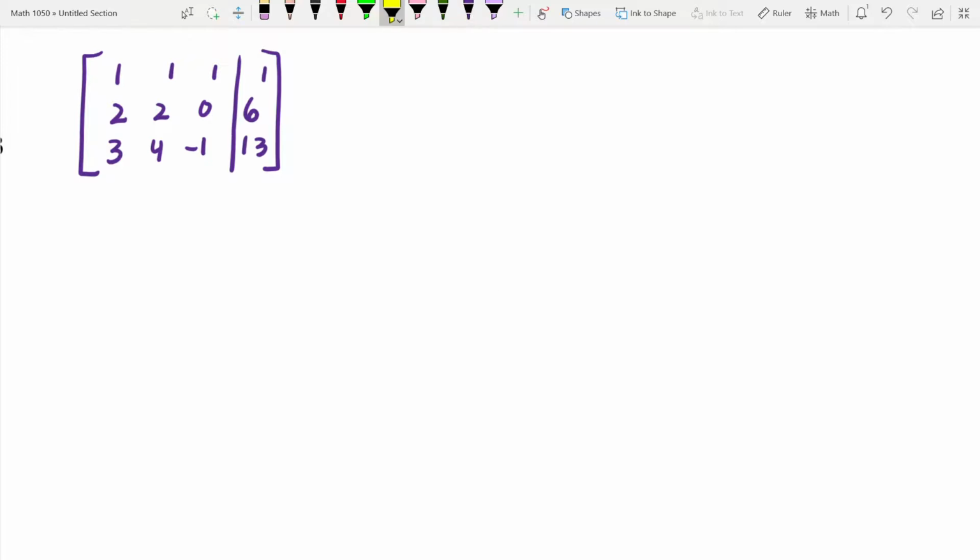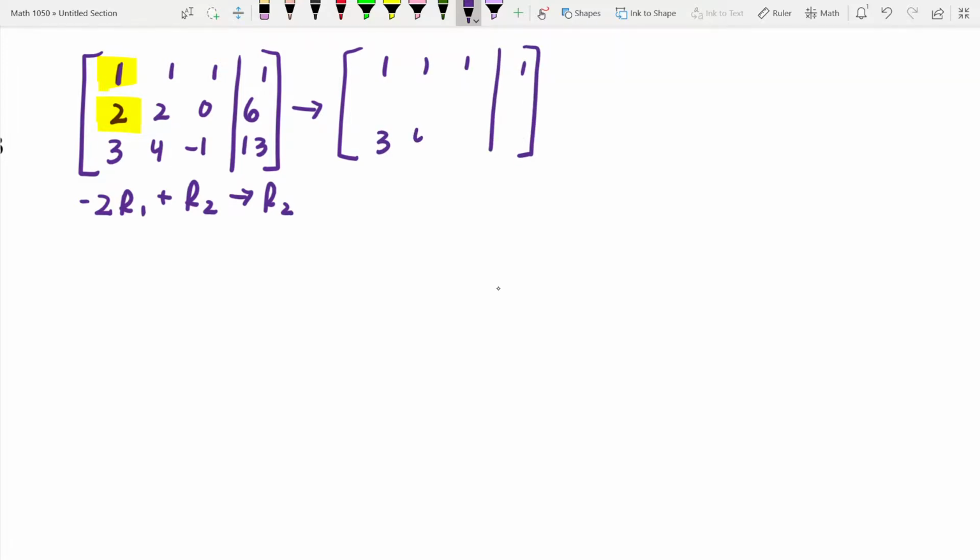So anyway, this is done. So now I need to get a 0 right there. Use the 1. So I'm going to go negative 2 times row 1 added to row 2 becomes my new row 2. So row 1 doesn't change.